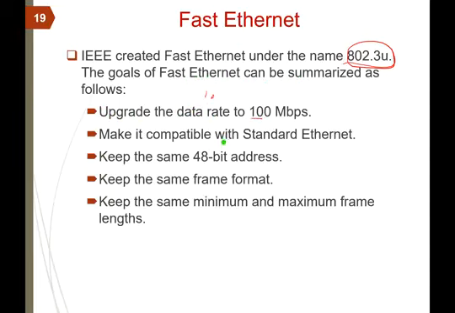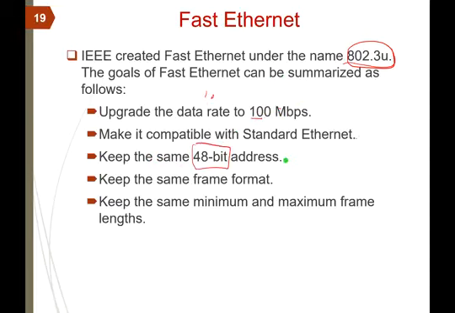Make it compatible with standard Ethernet. So if you have one device that works with standard Ethernet, it still can work or negotiate with devices working on fast Ethernet. Keep the same 48-bit address.